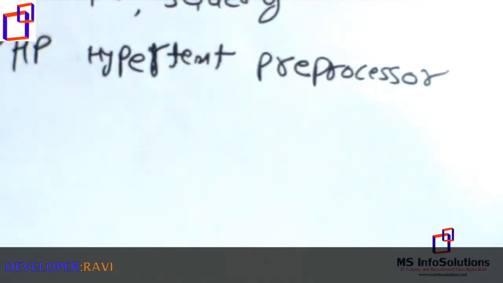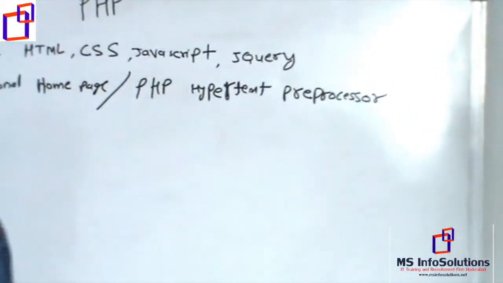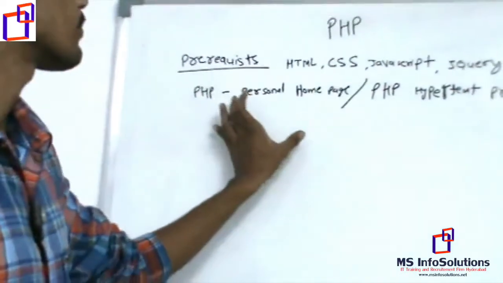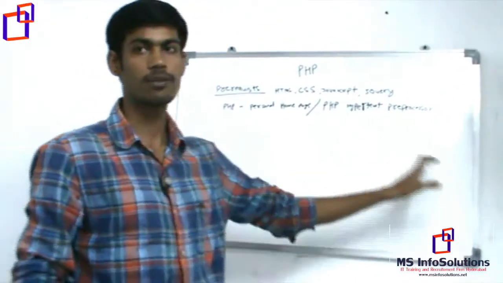PHP has different versions, up to version 7 now. Up to the 3rd version we used this acronym as Personal Home Page, and after the 3rd version we changed it to PHP Hypertext Preprocessor.